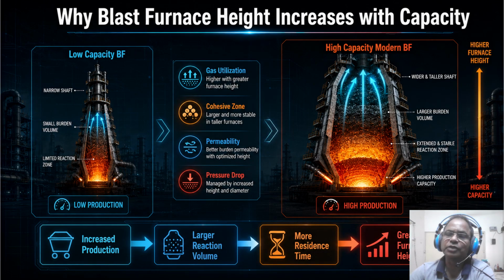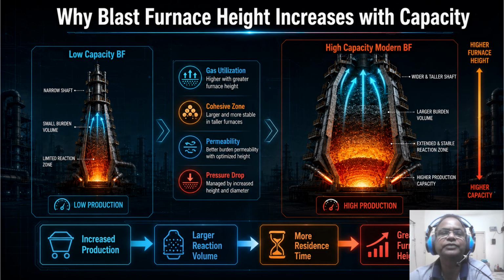So automatically the question arises: why does blast furnace height increase with the capacity? Here we compare a traditional low capacity furnace with a modern high capacity blast furnace. Older furnaces were smaller because production requirements were lower. The burden volume was limited, gas generation was lower, and reaction zones were relatively compact.